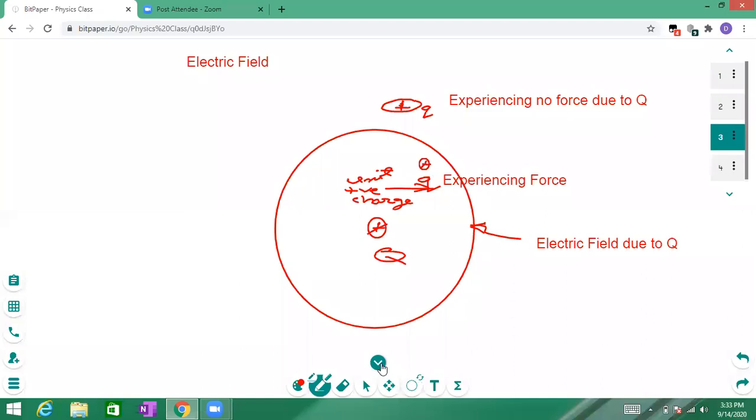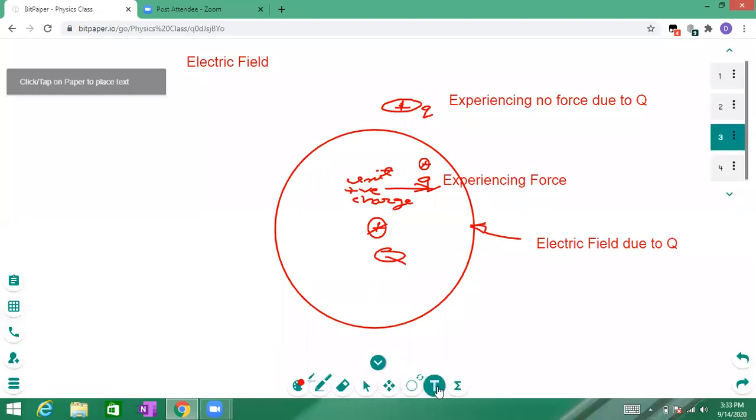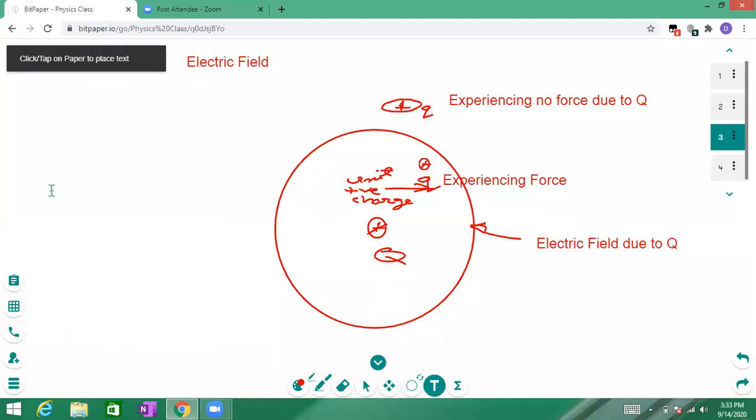So we can define the electric field intensity like this.